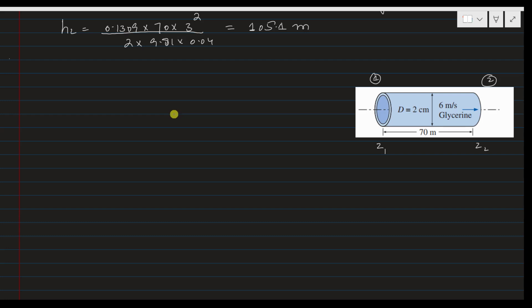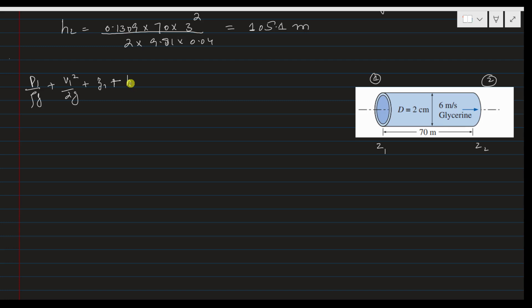Now by applying the energy equation, that is P1 divided by rho g plus V1 square divided by 2g plus Z1 plus the head of the pump that is provided. There is no pump between 1 and 2, so just ignore this. First I am writing it here, and in the next step I will cancel it out.